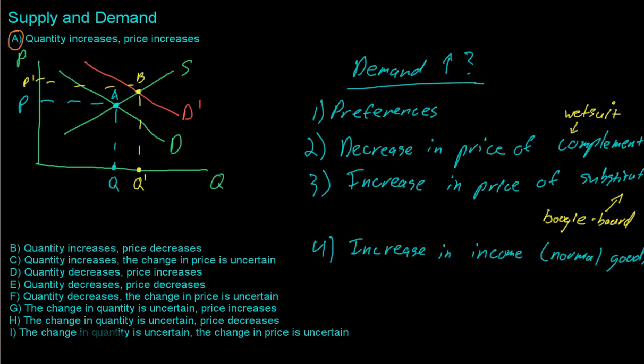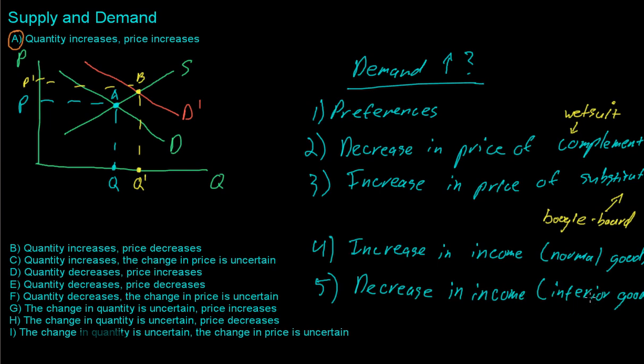Then there's also what is called an inferior good. I'm going to explain this after I talk about it. A decrease in income will also lead to an increase in demand for an inferior good. Inferior goods are, by definition, goods that you spend more on when your income decreases. The stereotypical inferior good is top ramen.